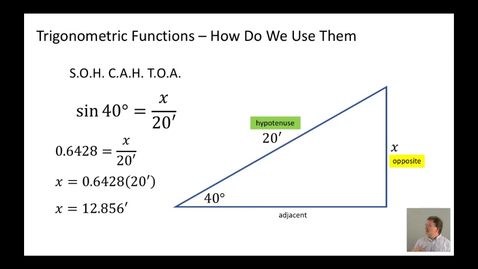I just multiply both sides of the equation by 20. It's 20 feet, so our answer will be in feet. x equals 0.6428 times 20 feet, or 12.856 feet.